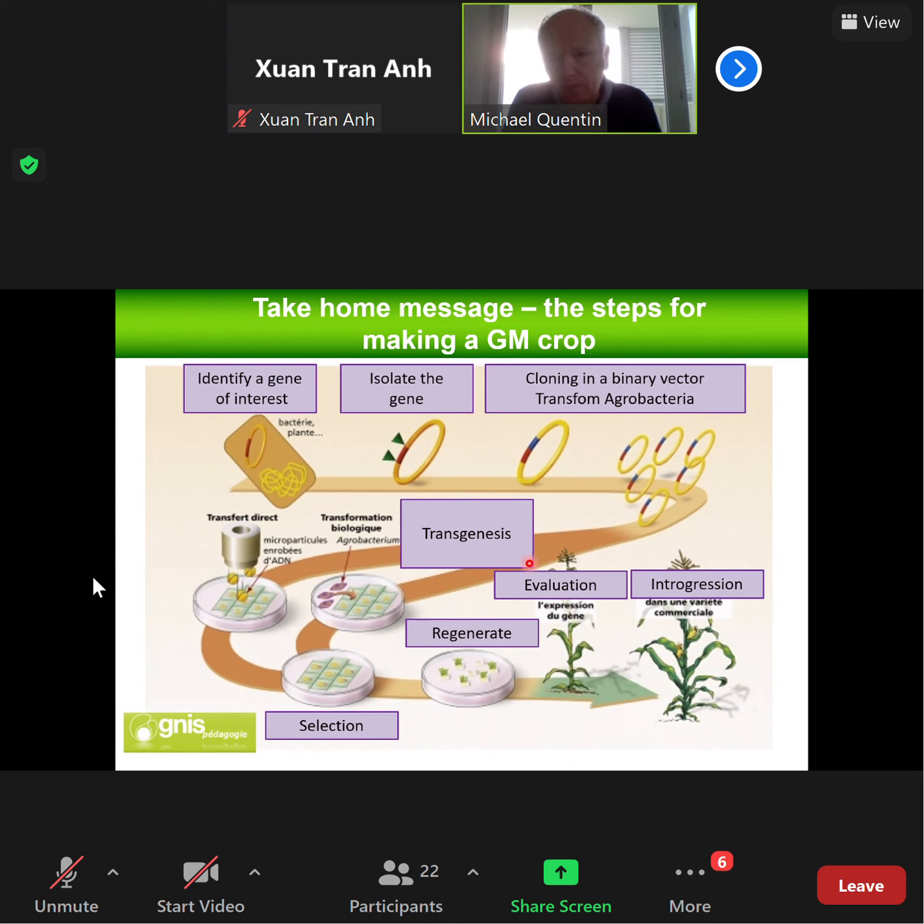If this is true, you may apply this observation to a crop, a variety which is a commercial variety. So that's a kind of protocol you will use to use genetic engineering to improve a plant.